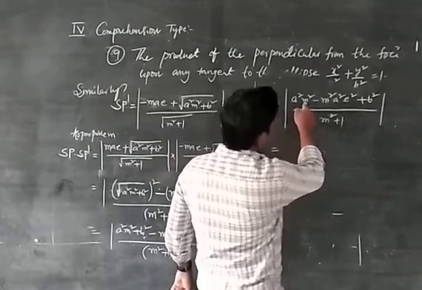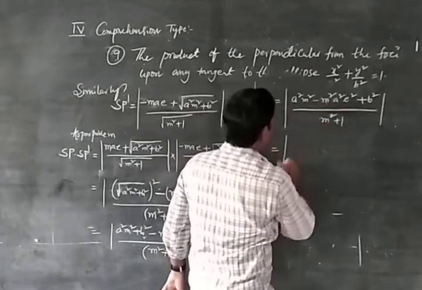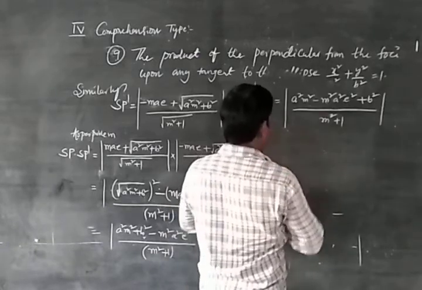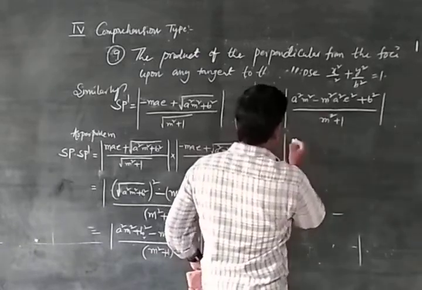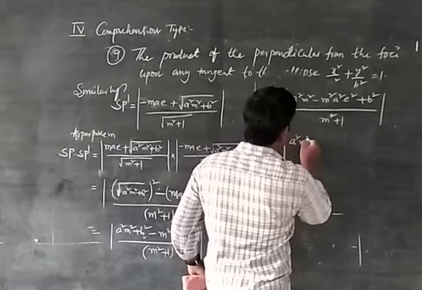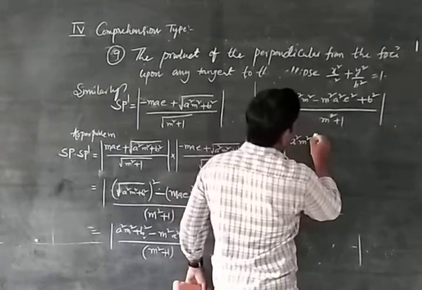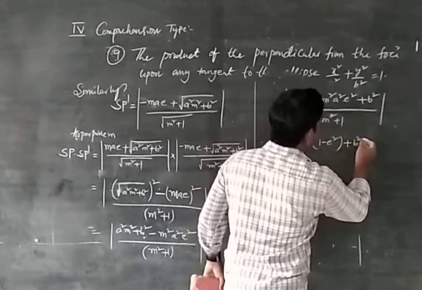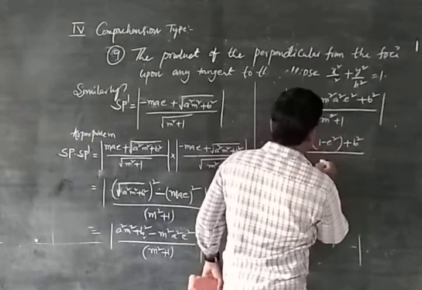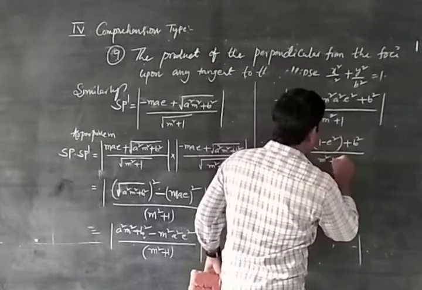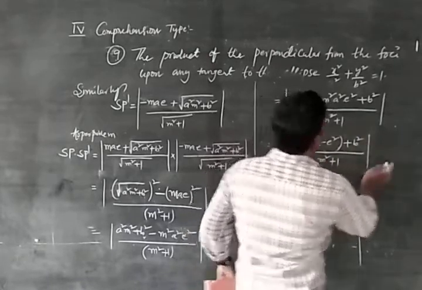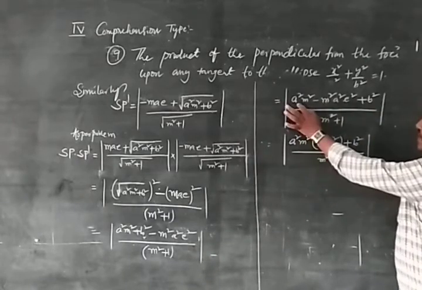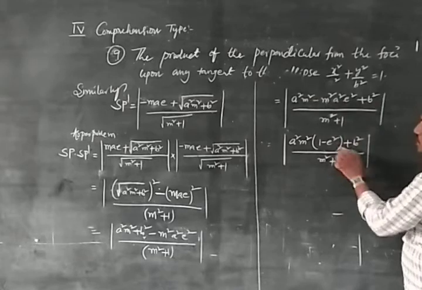Here a square m square is common. a square m square into (1 minus e square) plus b square, by m square plus 1. What is the remaining one? e square.